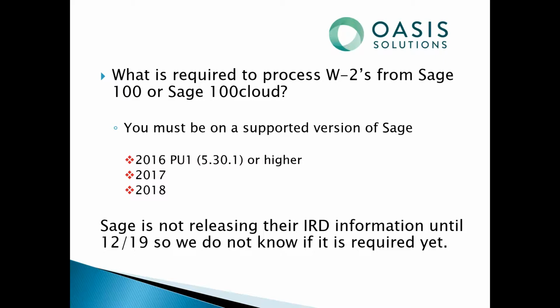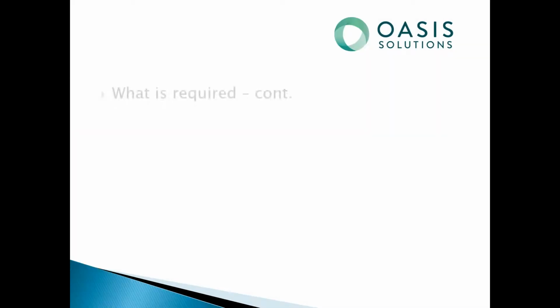So at this time, we don't know what's in the download, nor do we know if it is required. Our stance has been if the change does not affect you personally, then we typically do not install that download just because everyone is so busy and trying to get through everything at year end. But it's certainly up to you if you decide that you want us to install that for you, even if it's not required.